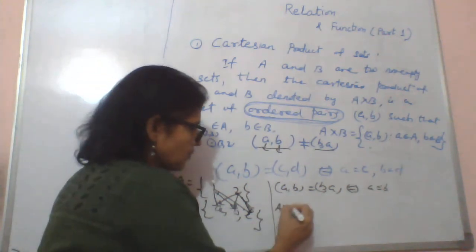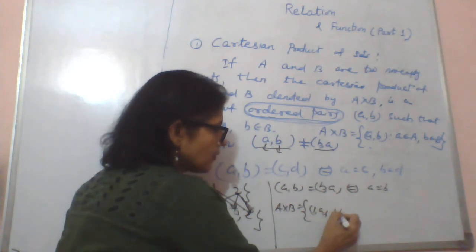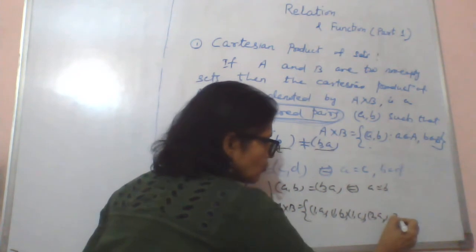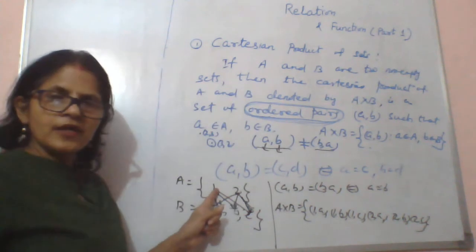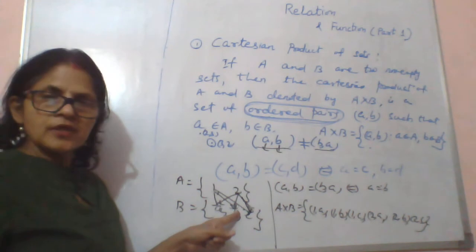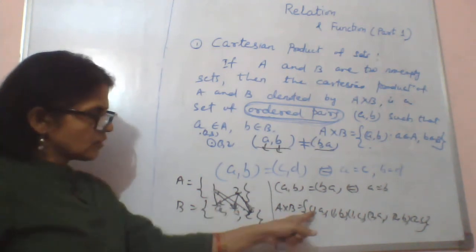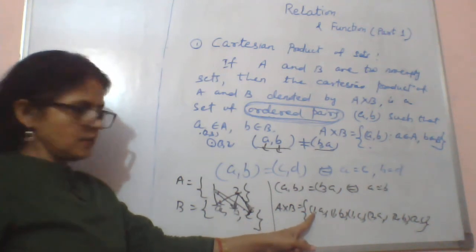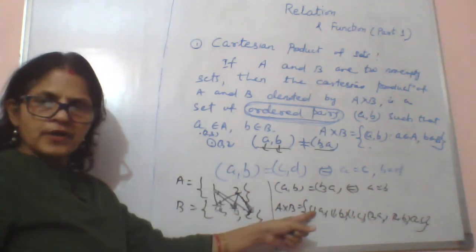A Cartesian product B would be (1, a), (1, b), (1, c), (2, a), (2, b), (2, c). It means every element of A is paired with every element of B. It means in the ordered pair you see the first component of each ordered pair is from A, second component of each ordered pair is from B.